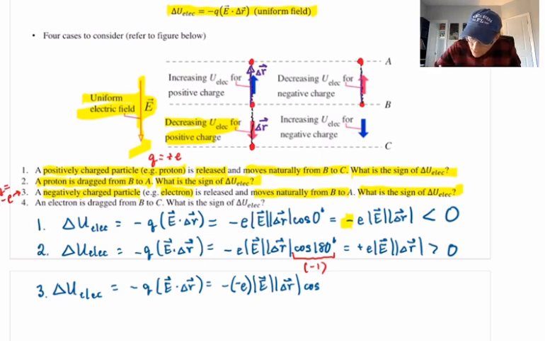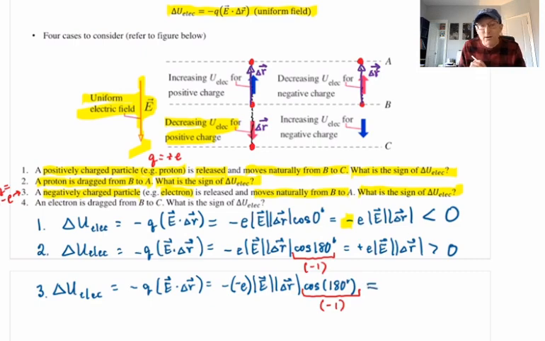The delta R is up for my electron here. But the E is down. So what's the angle between them? 180 degrees. Cosine of 180 degrees is negative 1.